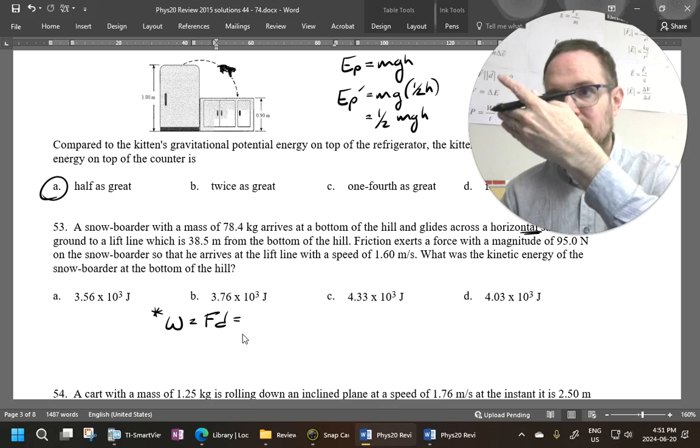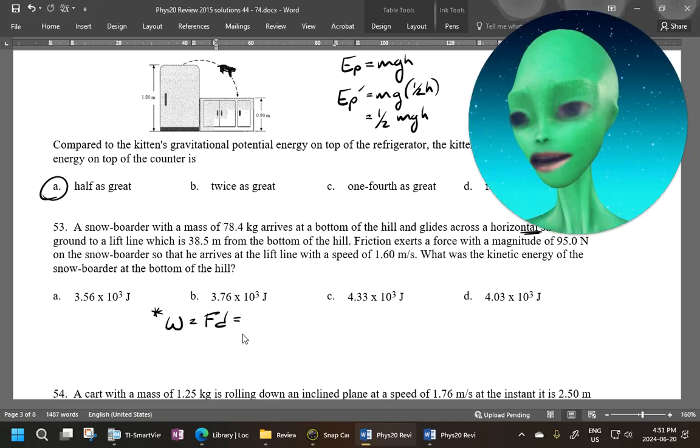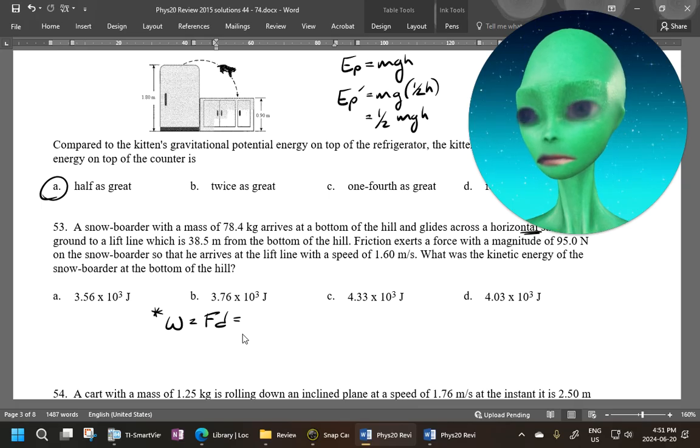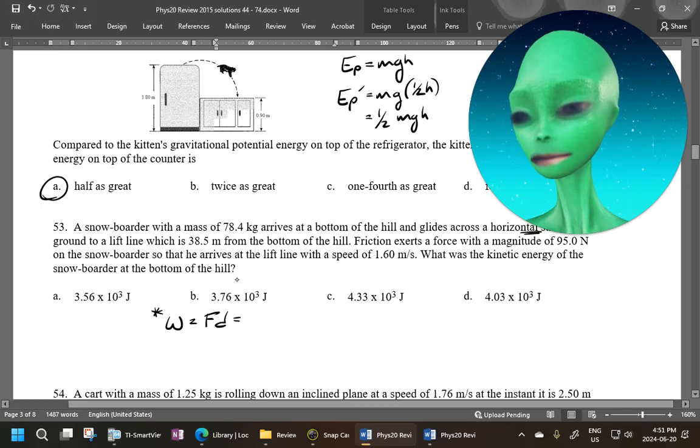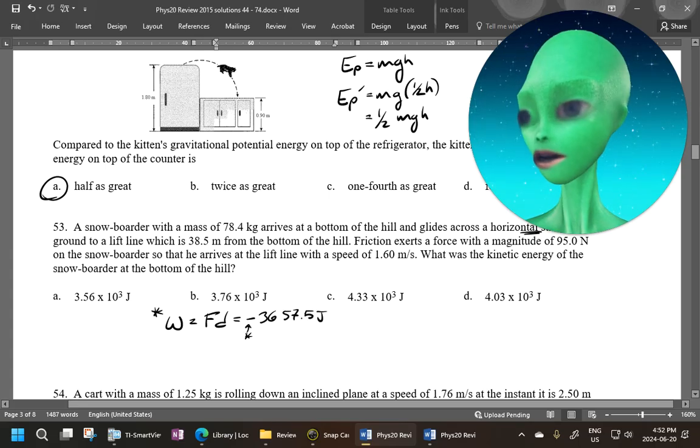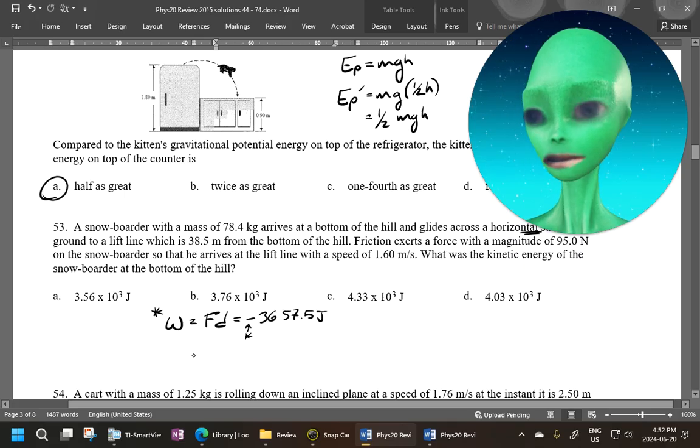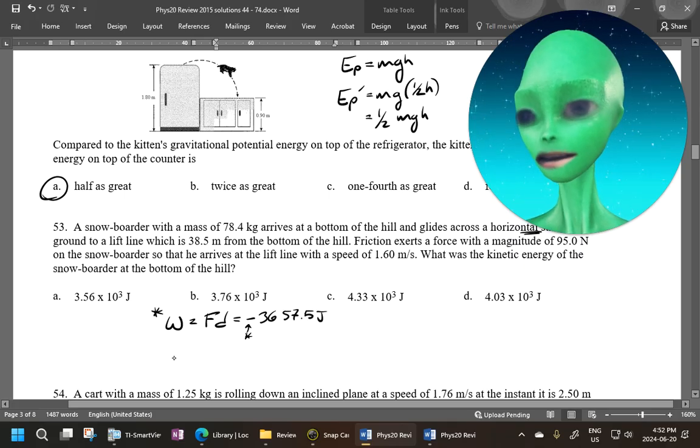On the formula sheet, there's a bunch of these absolute values on that formula. So when I go force times distance, and I get 3,657.5 joules, this is negative, right? Because the friction is removing the energy away from the system. But then it's like the question from two back. Where's that energy?